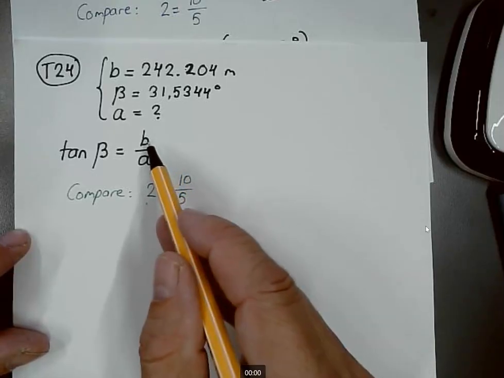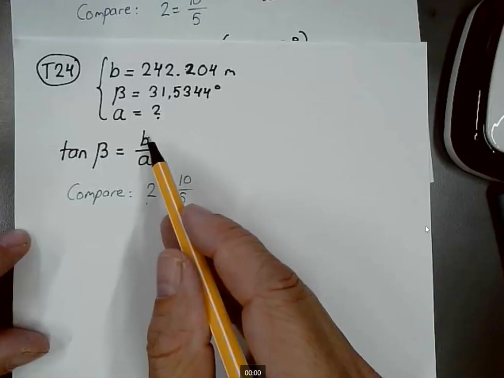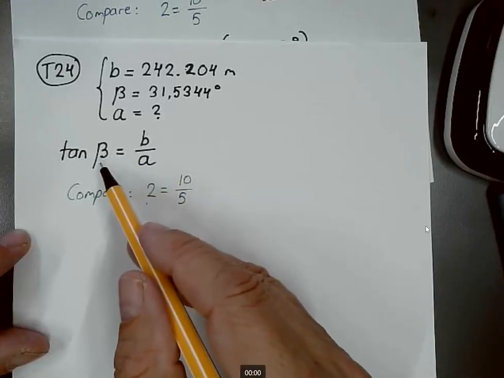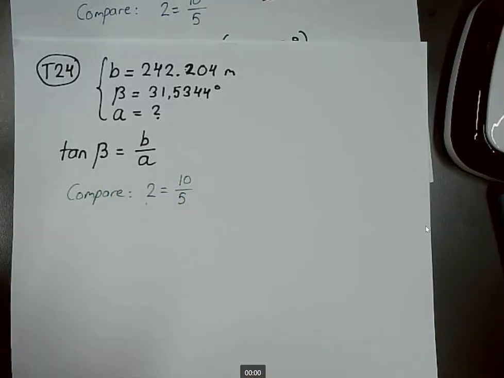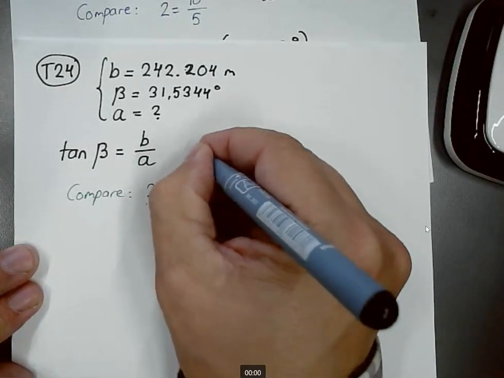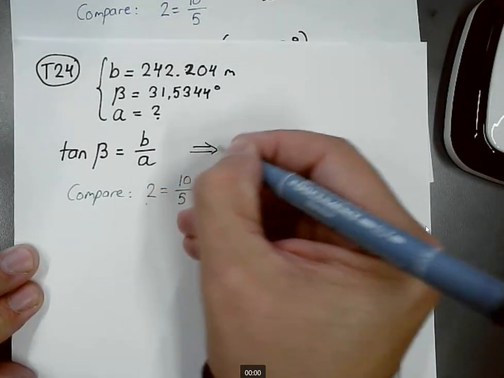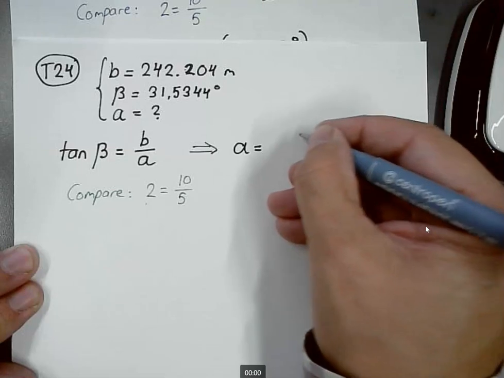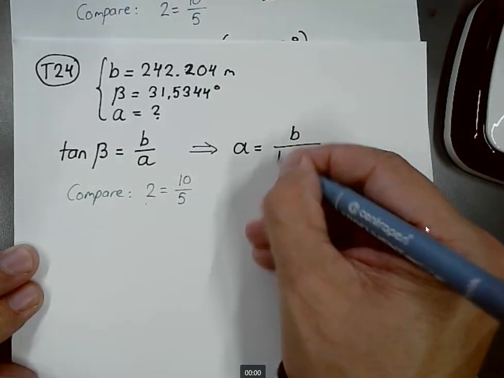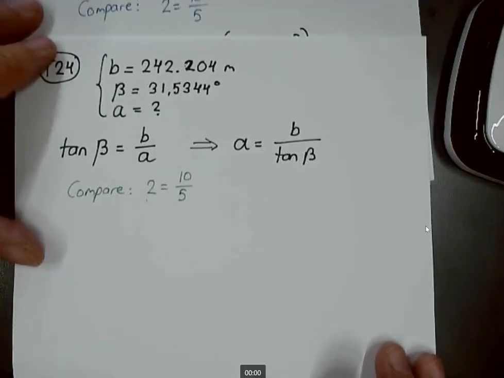And here it means that we get this A by dividing B with tangent beta.